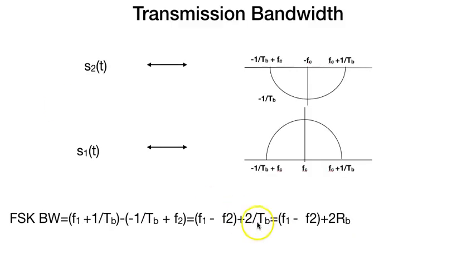Here I wish to tell you that if you wish to know that both the signals are orthogonal, then you can calculate f1 minus f0 equals to n Rb by 2.